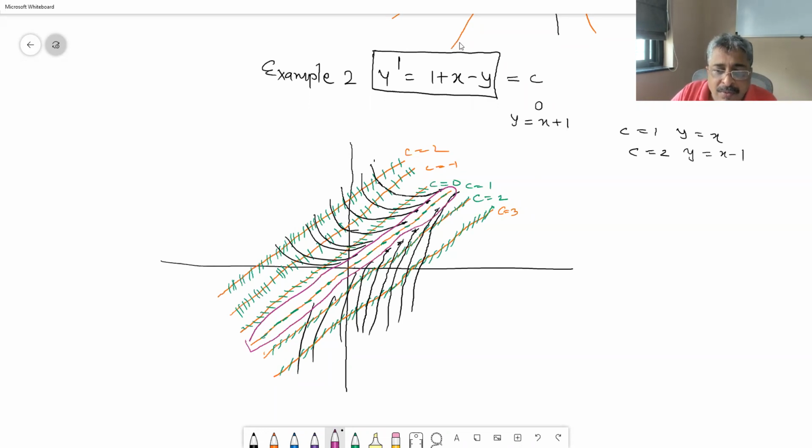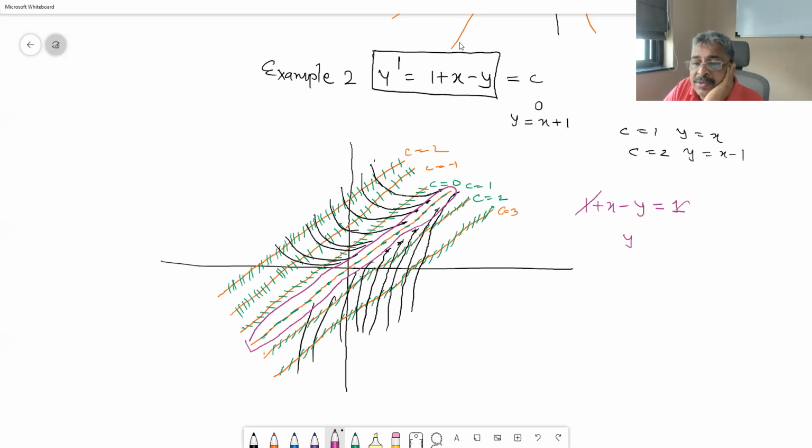So C is equal to 1, the line where 1 is equal to 1 plus x minus y. Thus this itself is a solution of the differential equation.